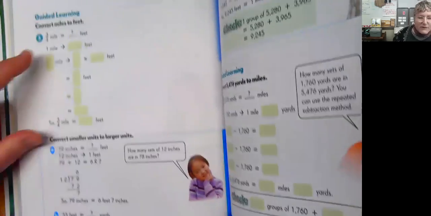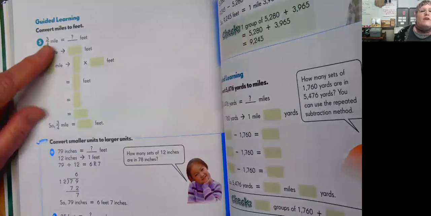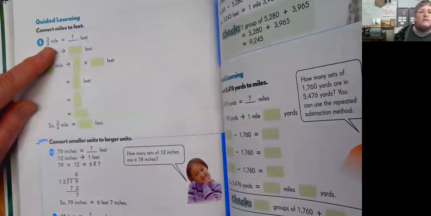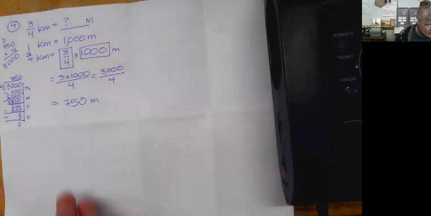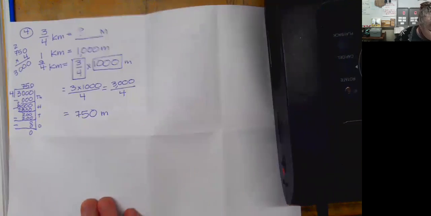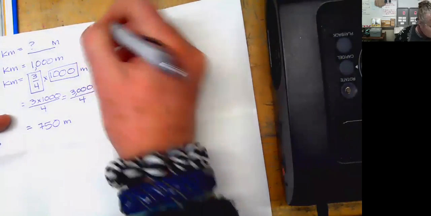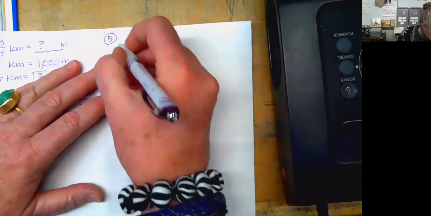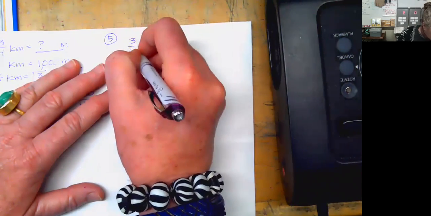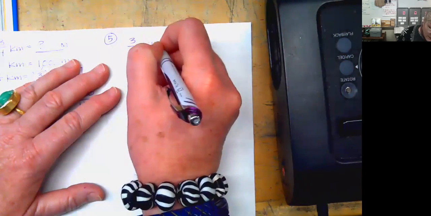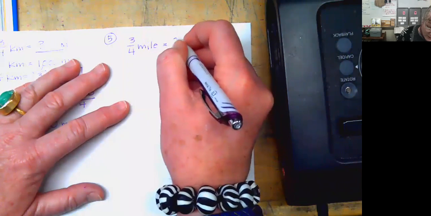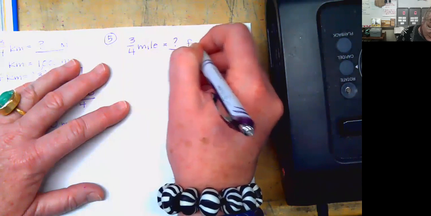All right, so we're going to do number 5. We have number 5 right here. We're going to go miles to feet. So we're going to look in our little blue box. It says 3/4 of a mile equals question mark feet.